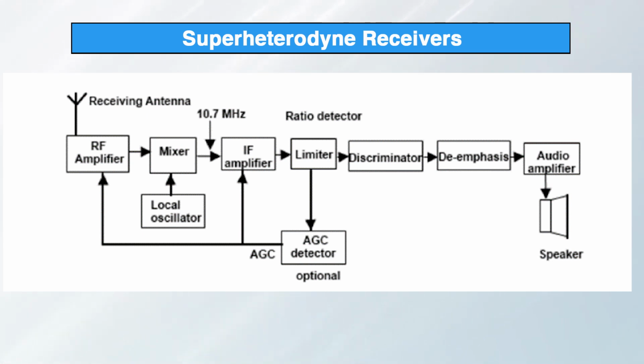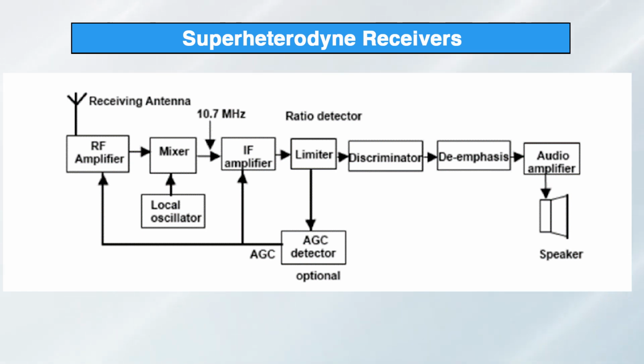Most of the blocks are common with the AM superheterodyne receiver. The RF stage is common, the mixer stage is common, the IF stage is common and the audio amplifier stages are common. But in addition to that, we have the limiters, discriminators and de-emphasis.